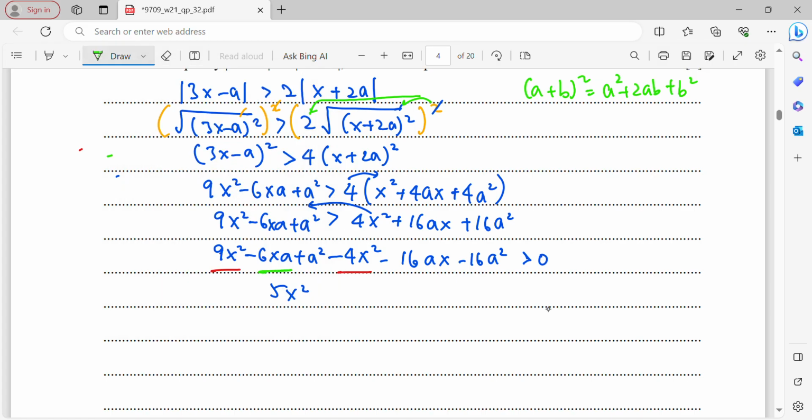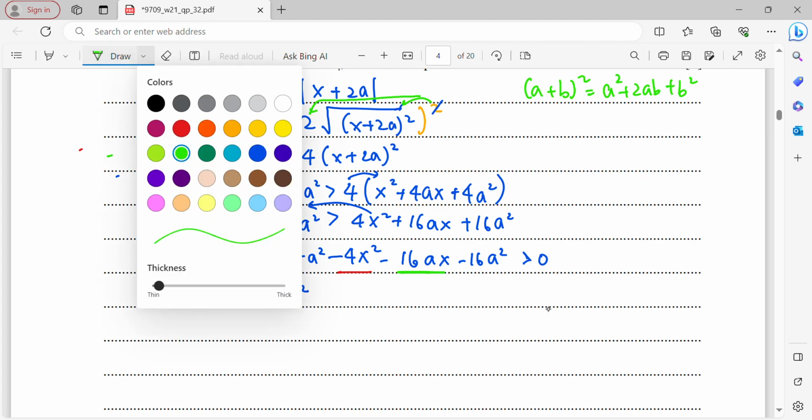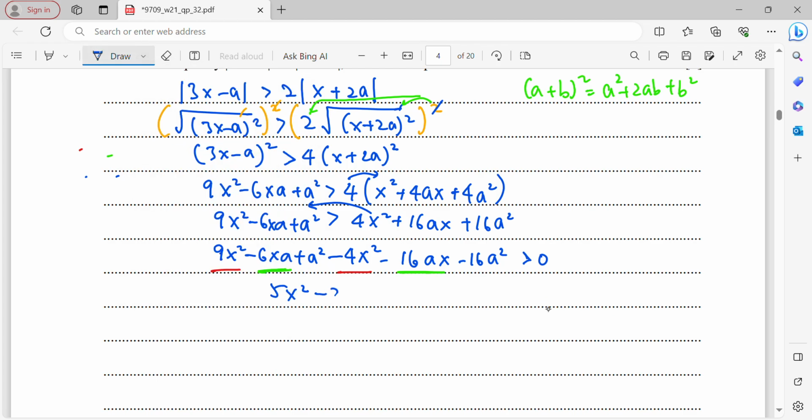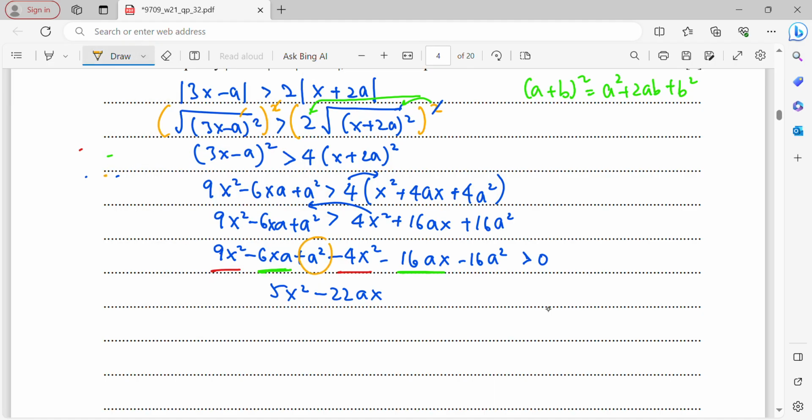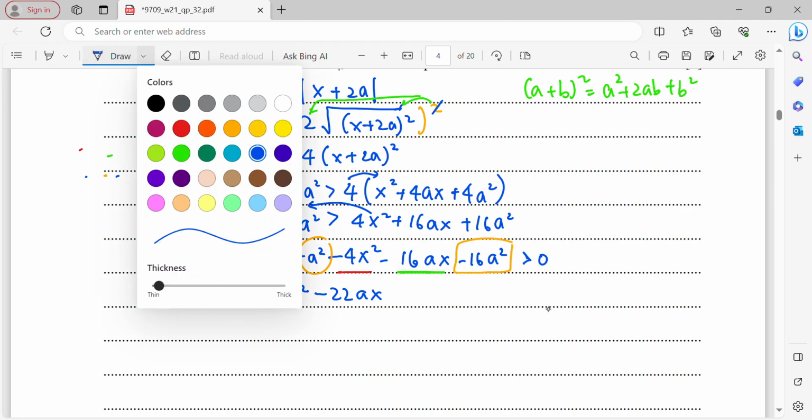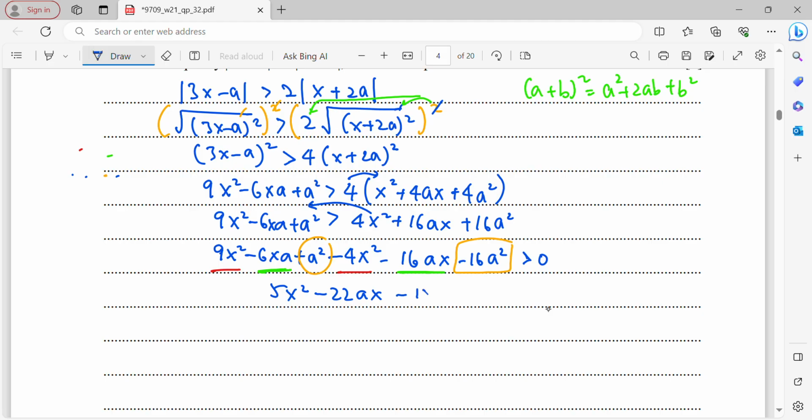Then minus 6ax minus 16ax, it will be minus 22ax. Lastly, a squared minus 16a squared will be negative 15a squared greater than 0.